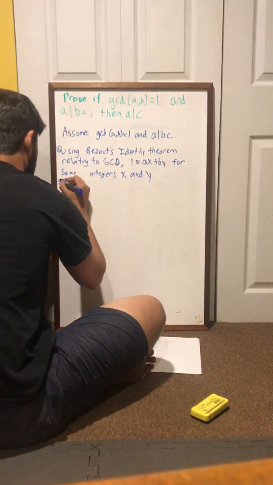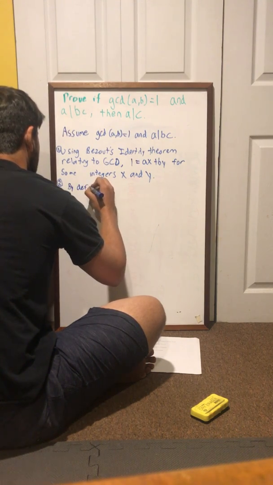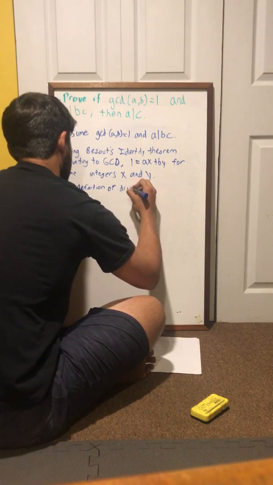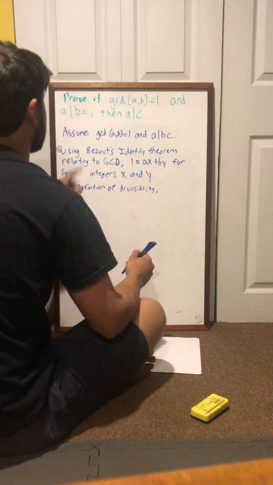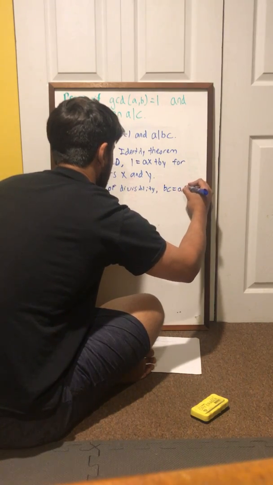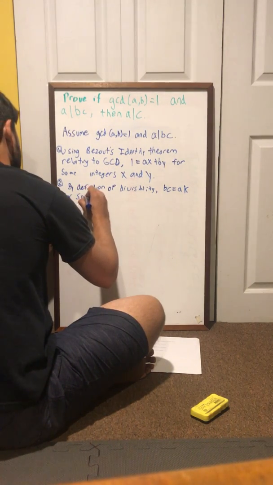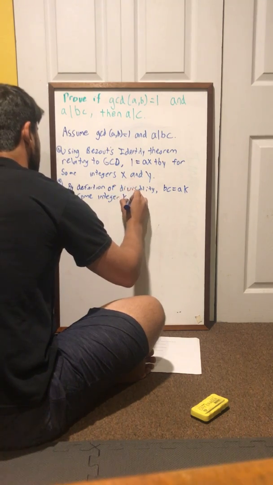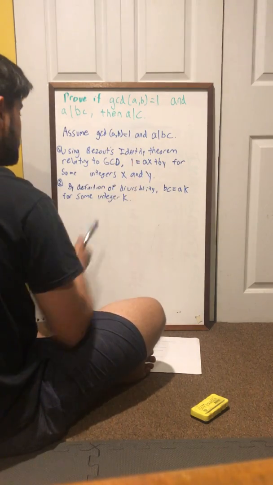So second, we're going to say, by definition of divisibility, BC equals AK for some integer K. Okay? So we use Bezout's identity theorem, divisibility.